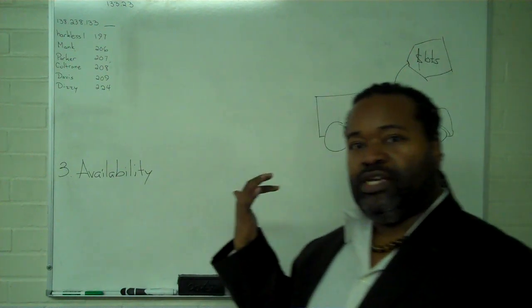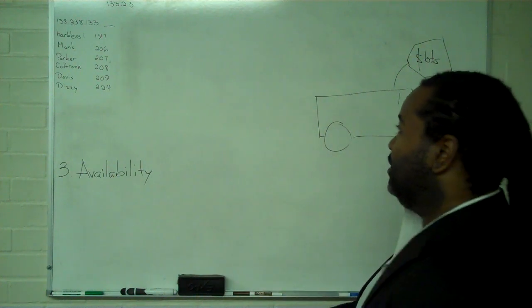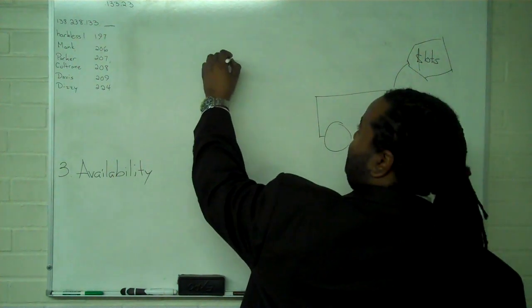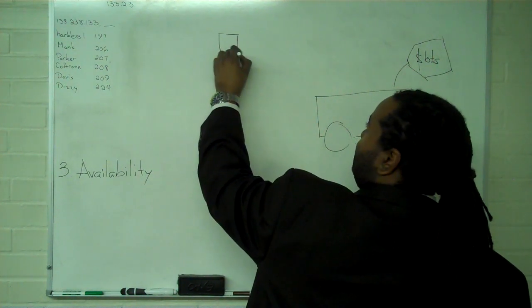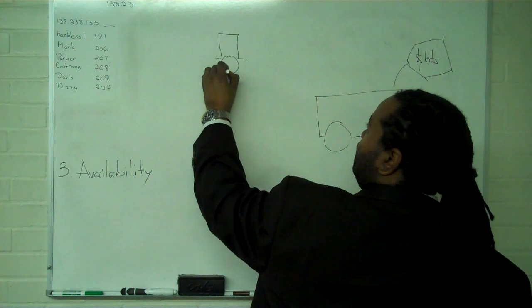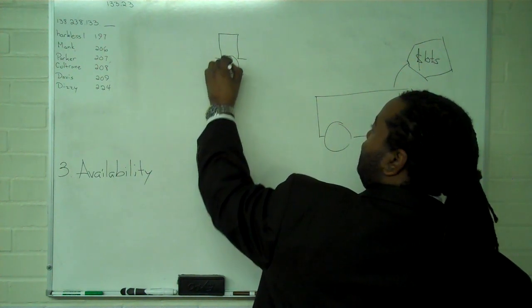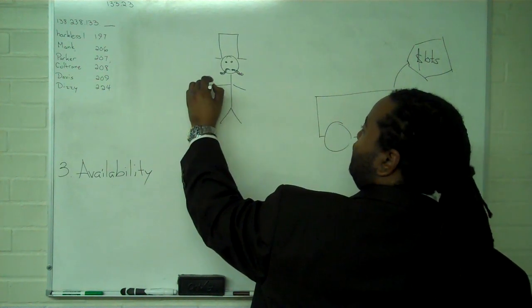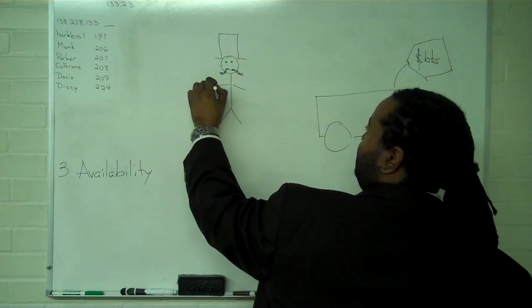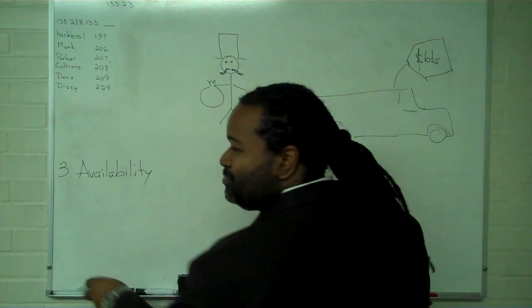Well, if the success state, the successful reaction, is actually buying this thing, then what you're going to need is this guy. And he's got a big sack of money, right?